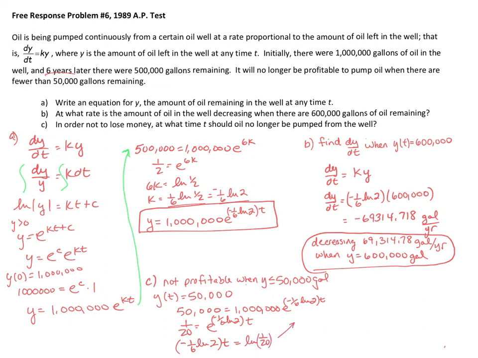And so t is going to be the ln of 1/20 over negative 1/6 ln of 2. When you do that, you get 25.932 years. So that's how long you'll be able to pump oil out until it's no longer profitable.